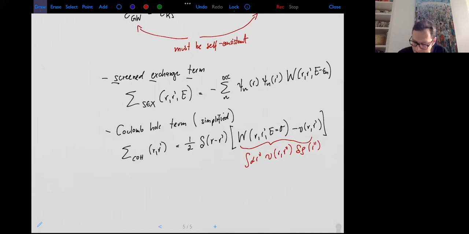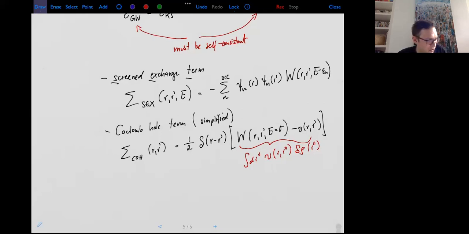So let me try to say that again. So you put an electron into a material, that electron polarizes its environment. So you get this polarization charge delta rho, and this polarization charge acts back on the electron, which created the polarization charge density. So that is the meaning of this Coulomb hole term.